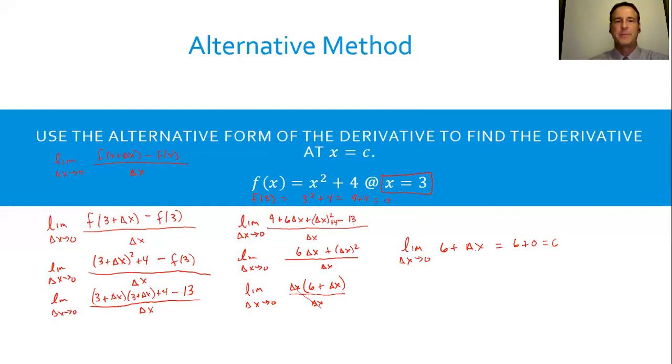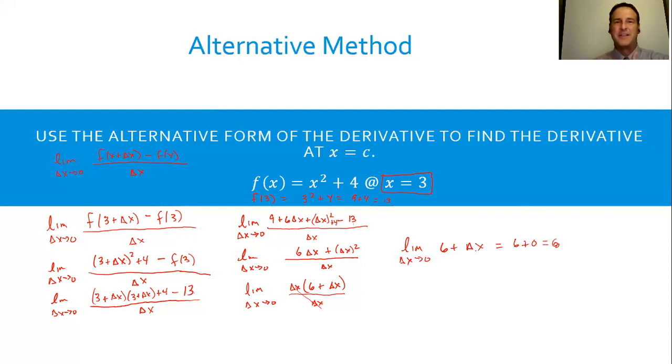And so what does that mean? Well, had I done this the traditional way, and worked it out and got some expression that I would set equal to f prime of x, and then inputted 3 into that answer that included an x, you should have finished with a 6. Again, this is just another way of doing it. It helps save some time in terms of plugging in a value at the end.